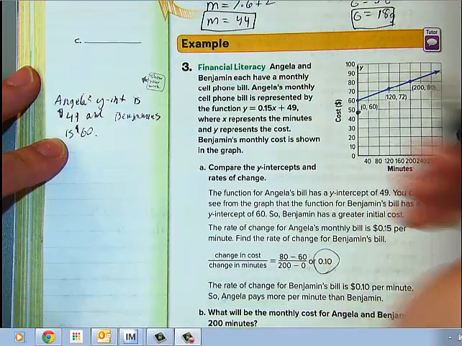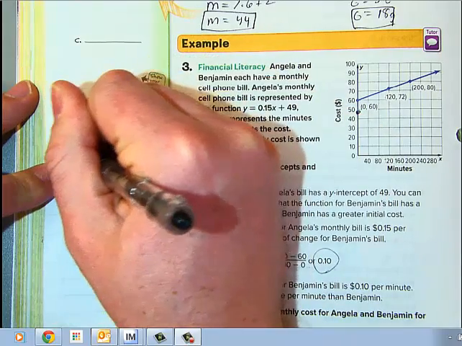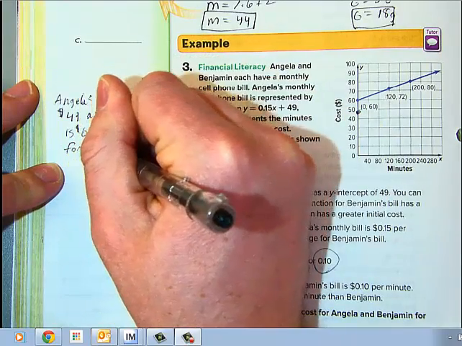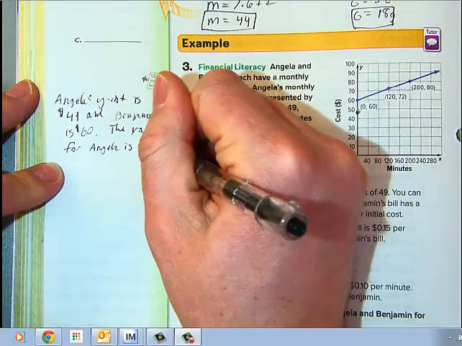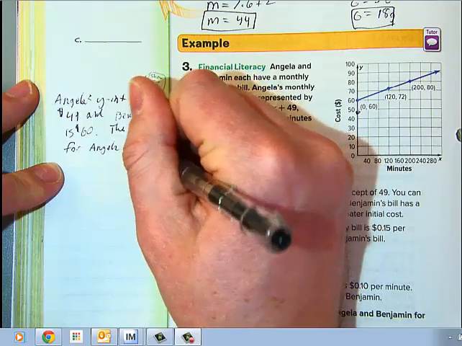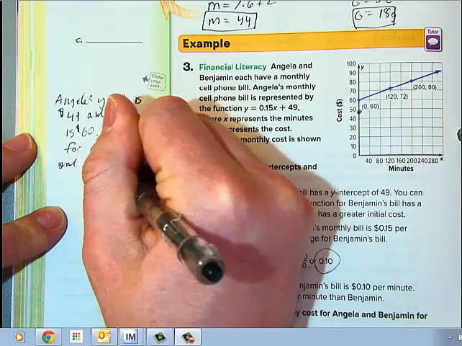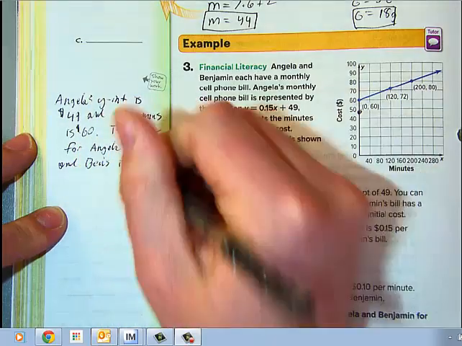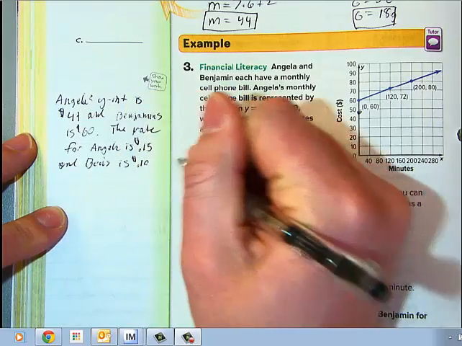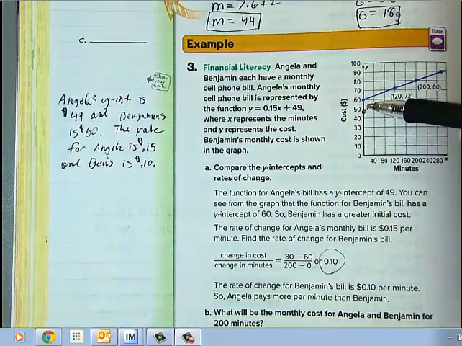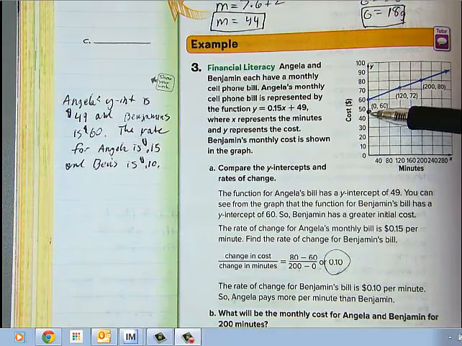What about rate of change? You just say the rate of change for Angela is 15 cents, so $0.15, and Ben's is 10 cents, so $0.10. So what we see here is Benjamin starts more but costs less per minute. Angela starts less but costs more per minute.